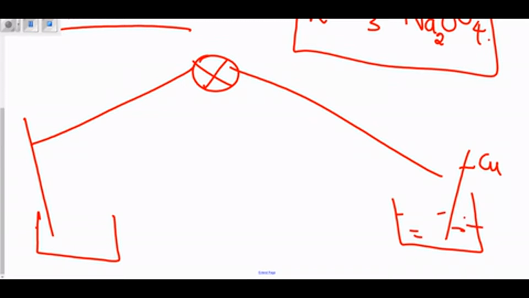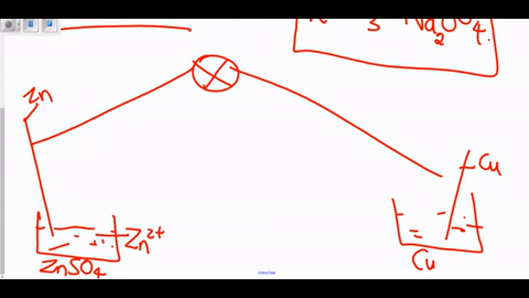We have our copper salt. Basically, what we need in these electrolytes are the ions. So here, what we have basically would be zinc 2 plus ions. That's what we really need. So let's have zinc sulfate here. All right, and here we have copper sulfate.